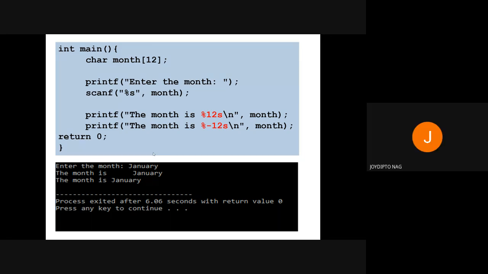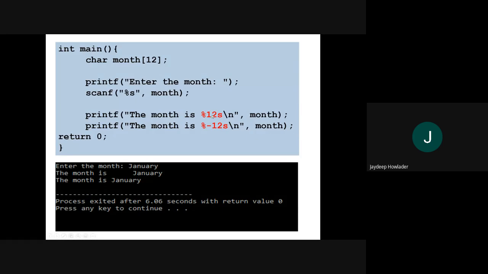Sir, if instead of 12 we put 10, which is less than the length of the month, then? This is not related to the size of the string. It is only applicable to the printing. You can use 12, 30, or whatever, 10. They will be reserved only for the displaying of the string.